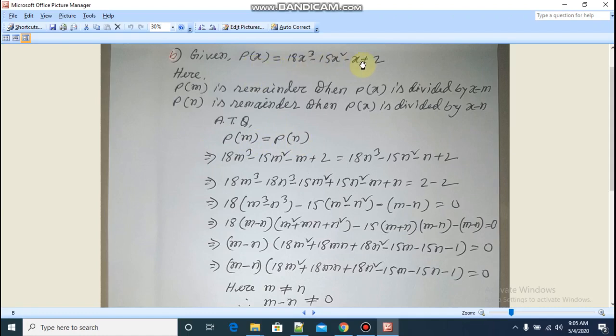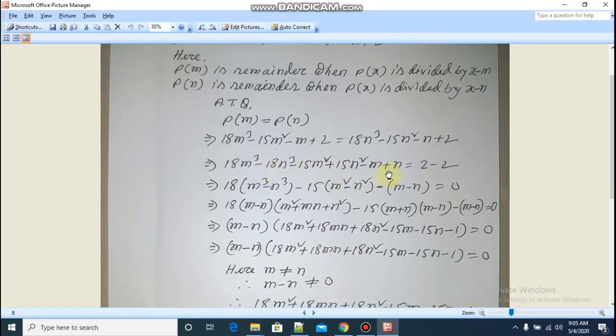If P of x equals this, P of m equals this, as we put m in the place of x. So P of n equals this.